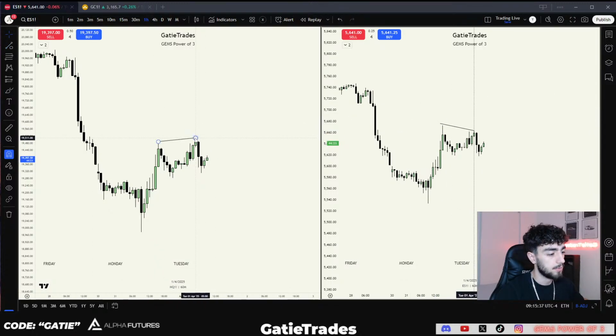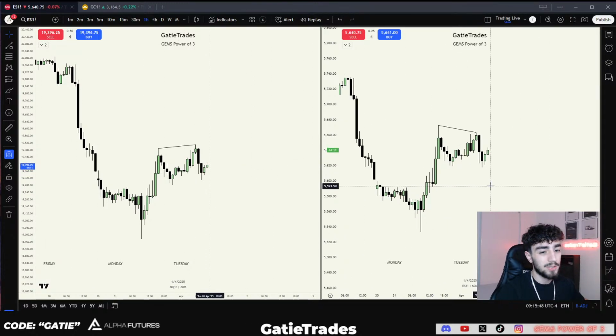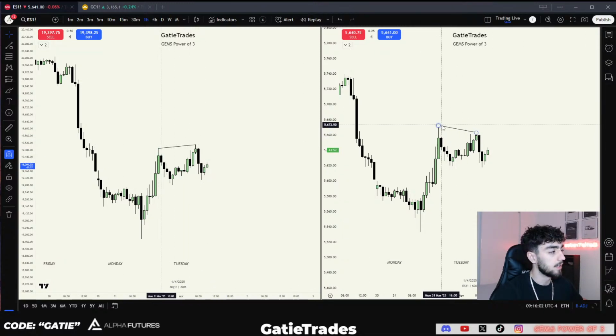But if you look at this specific instance, we have a high here at 5 a.m. that's higher than this one. While over here, we have a high at 5 a.m. that's lower than this one. That's an SMT. What does it stand for? Smart money time, smart money divergence, smart money tool, whatever you want to call it, doesn't matter. The idea is Nasdaq's making a higher high, while at the exact same moment in time, the S&P is making a lower high.